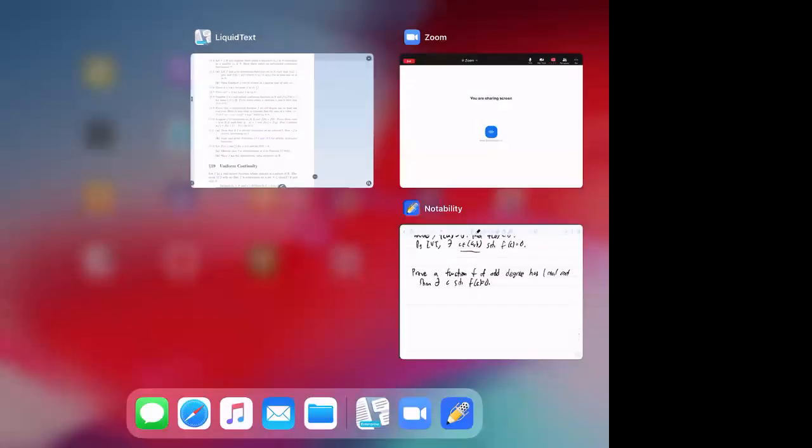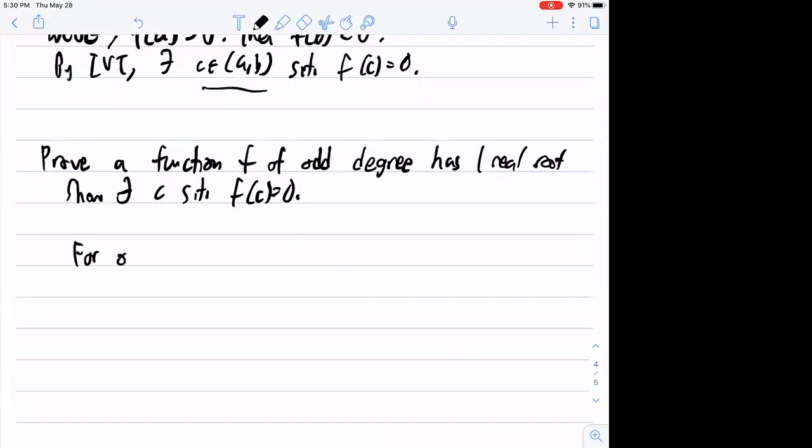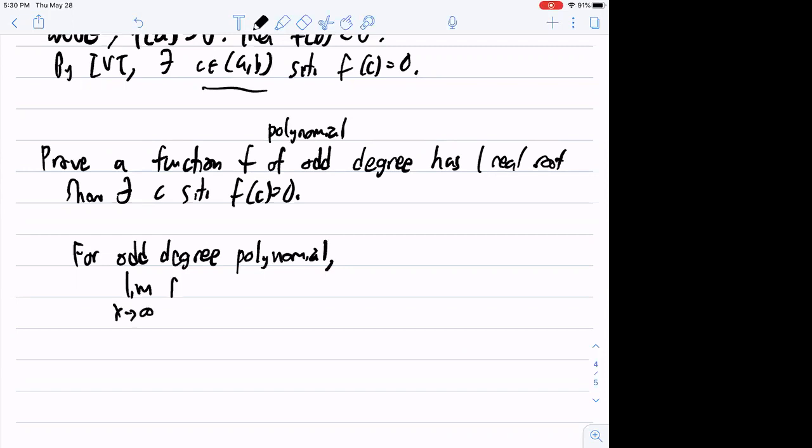Okay, how about this: the function f is a polynomial of odd degree. That was important. For an odd degree polynomial, what is the limit as x goes to infinity of f of x?